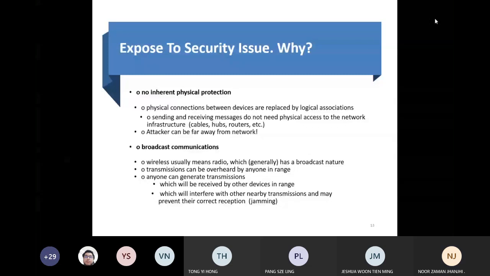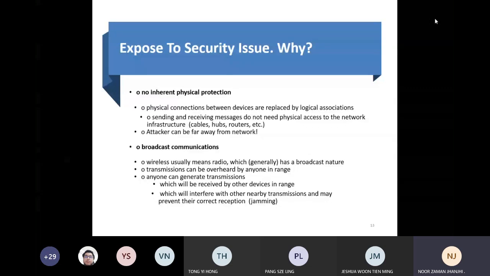Nothing is there. Physical connections between devices are replaced by logical ones. So sending and receiving your messages do not physically access the network infrastructure, like cables, hubs, switches, routers, etc., which are controlled in the case of a conventional network.